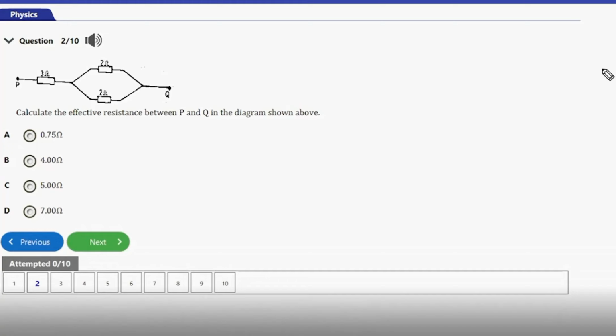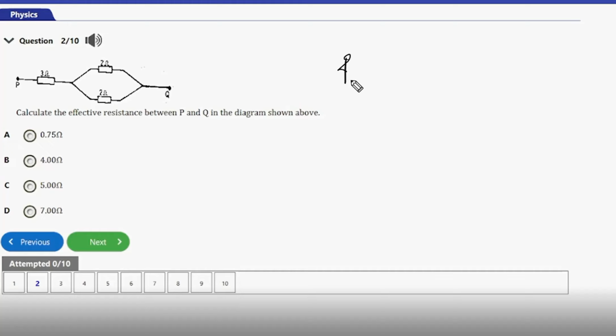So for the resistors in parallel here, since it's 2 ohm, 2 ohm, we can just resolve this by doing 2 times 2 over 2 plus 2. Since they are in parallel, let's do this together.